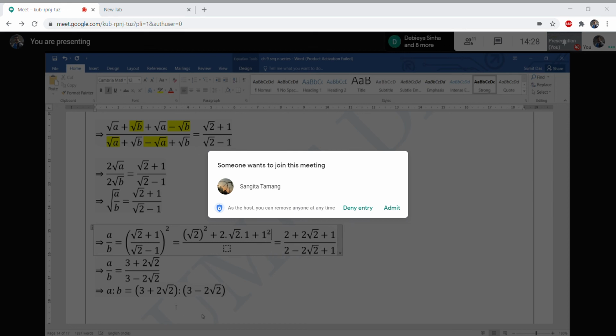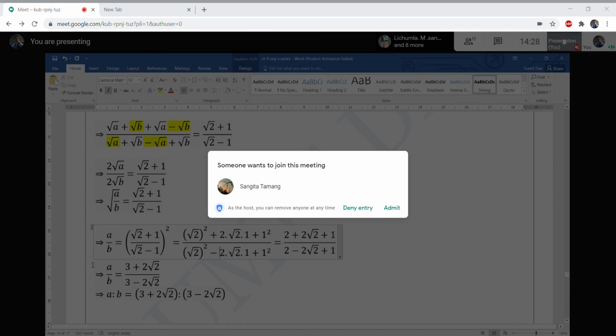Similarly, the denominator will be the same thing but with a different sign. So square root of 2 squared is 2, and this middle term is 2 root 2, plus 1. Similarly the denominator is 2 minus 2 root 2 plus 1.